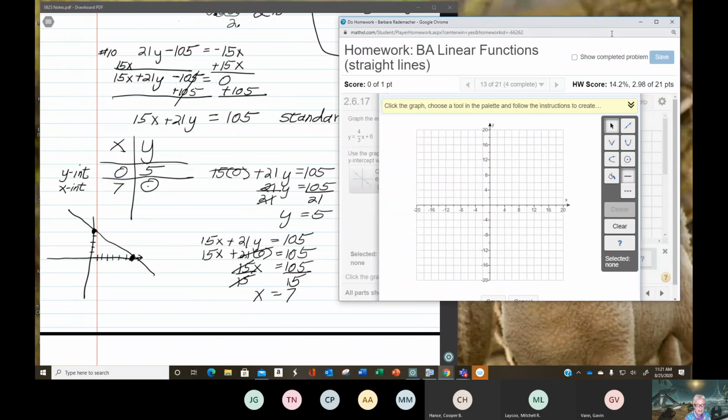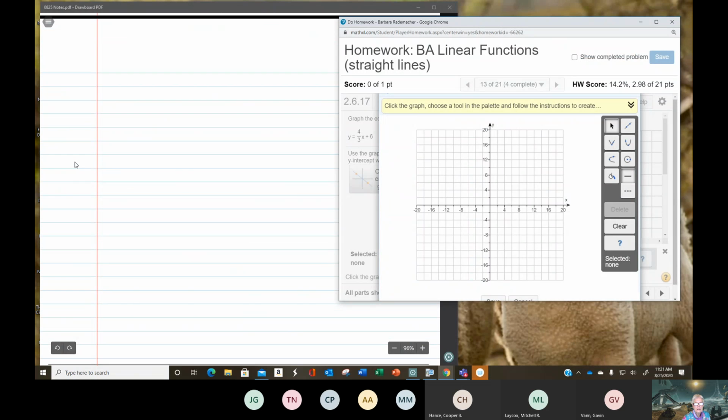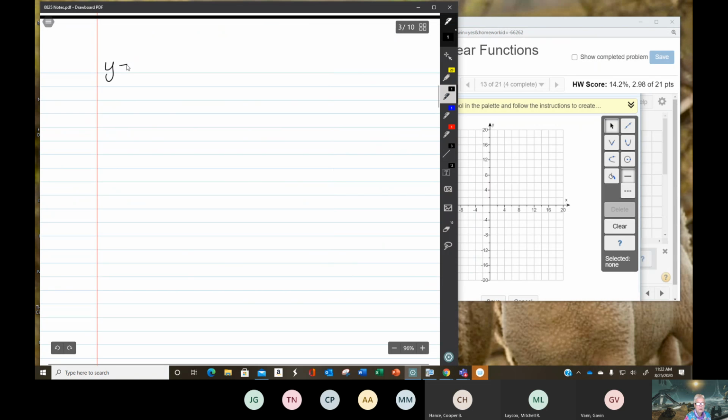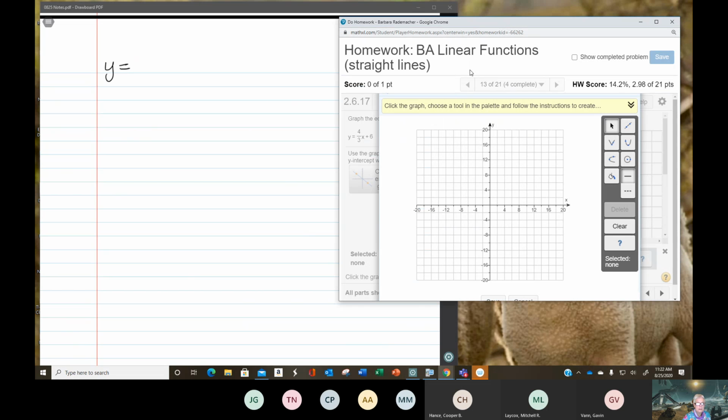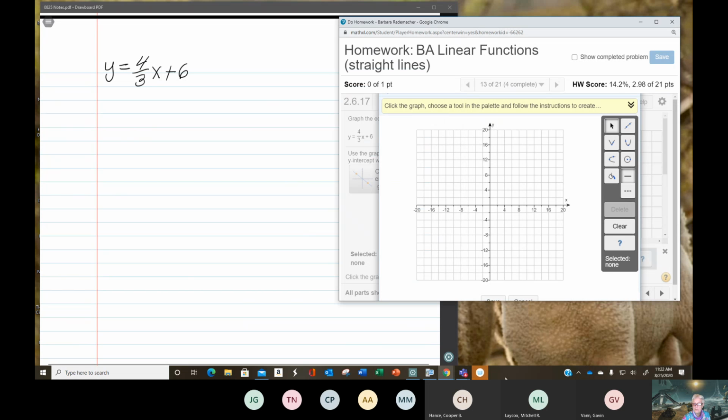Okay, so I just want to write this down. Y equals, doggone it, 4/3 x plus 6. This is how slope can be used as a roadmap.